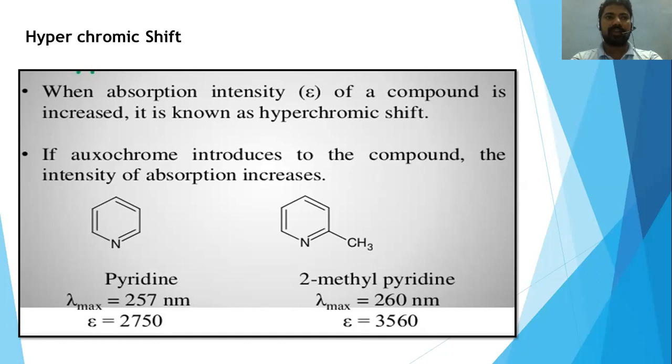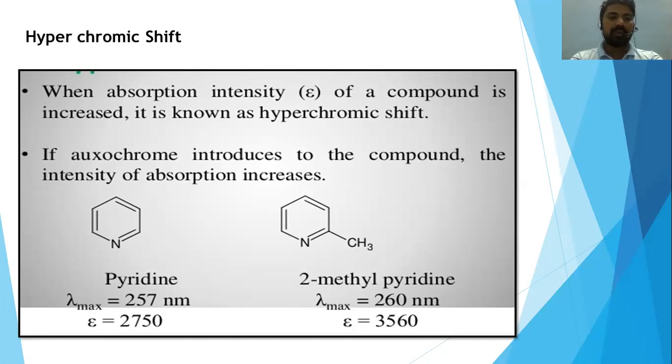In the previous case, we observed the change in absorption wavelength values. Once the absorption wavelength value increases to a higher value, that is called red shift or bathochromic shift. If the absorption wavelength value decreases to a lower value, that is called hypsochromic shift or blue shift.